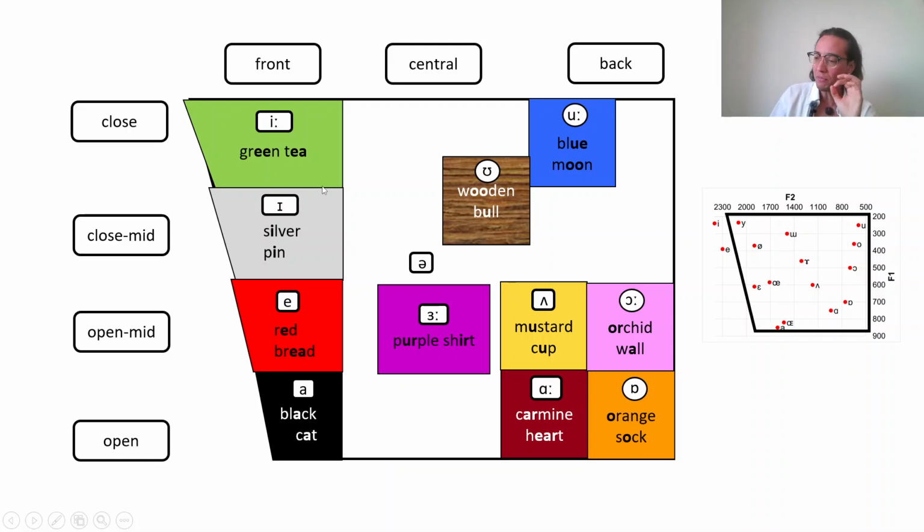Now, the problem that French speakers who are learning English have is that the French I has features of both of these vowels. And French speakers will often use the French I as a replacement for either of these vowels, which means that we get into some sticky situations where it's impossible for an English speaker who does not speak French, or even sometimes English speakers who do speak French, to understand what word you're trying to say.